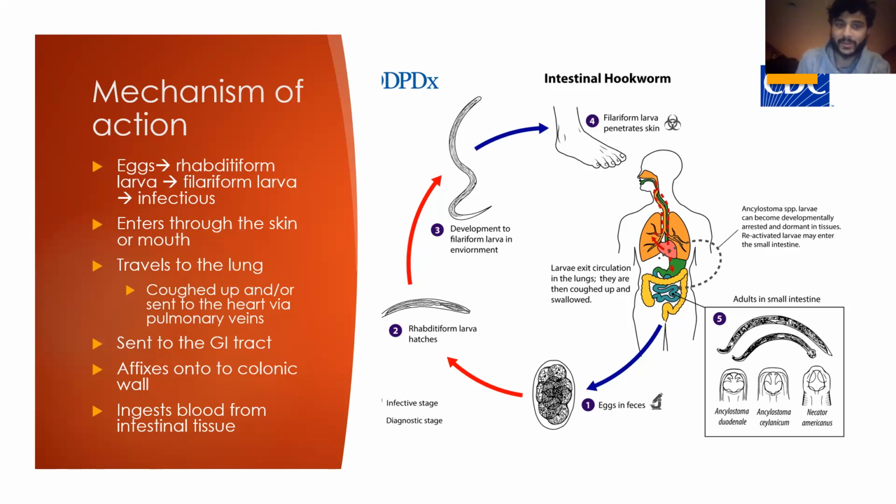So that's pretty simple for it to do. So anyway, now when it's in your gut, those teeth that I mentioned earlier, they're going to dig into your intestine, particularly the small intestine, and they're going to take in blood, because this parasite ingests blood from intestinal tissue. That's how it survives.